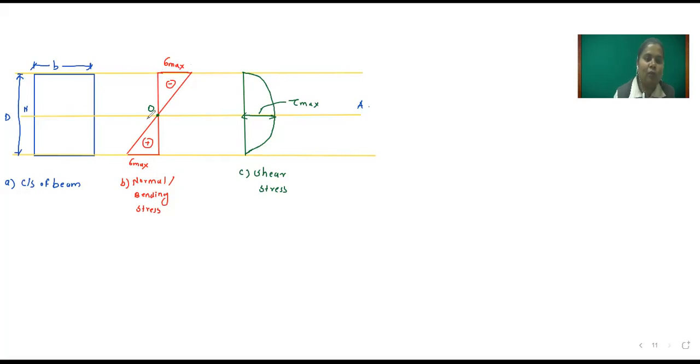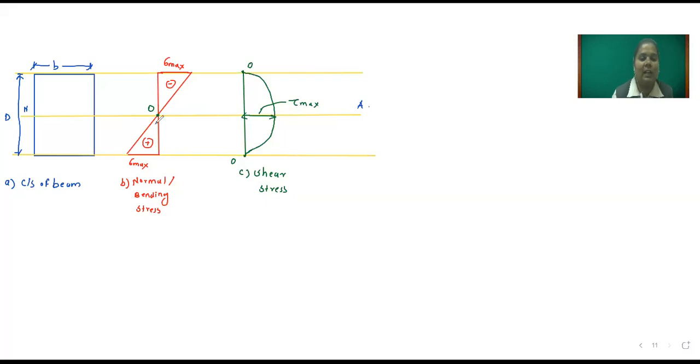In bending or normal stress, maximum stress is at the outer face and 0 at the neutral axis. But in the shear stress distribution diagram, the shear stress is 0 at the outer face and maximum at the neutral axis.